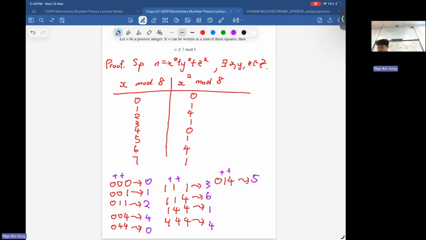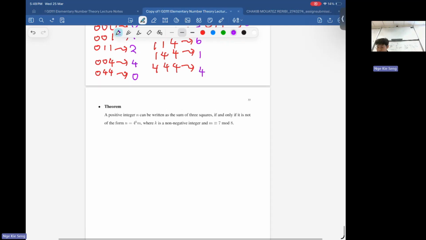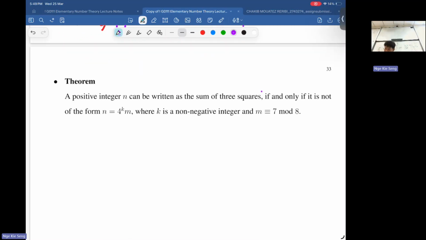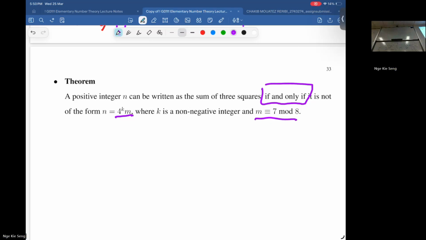All right. So this gives an equivalence condition: a number can be written as a sum of 3 squares if it is not of the form 4^k times m where m is 7 mod 8. So you cannot have a 7 mod 8 appearing as your factor, along with some power form.